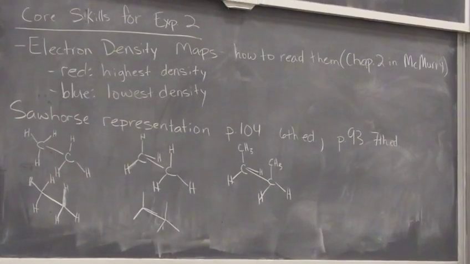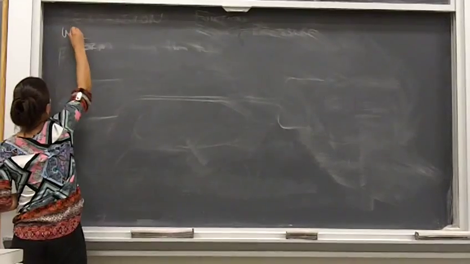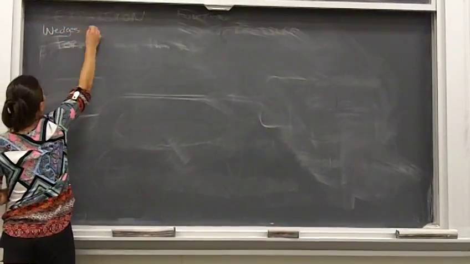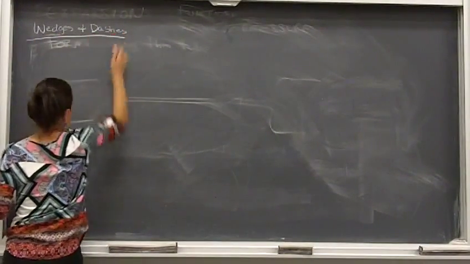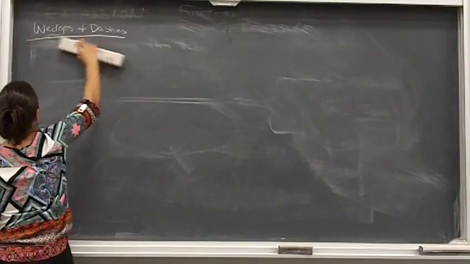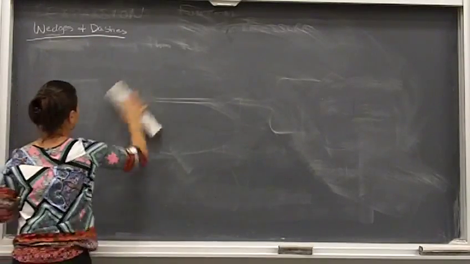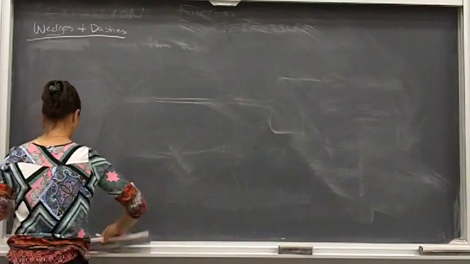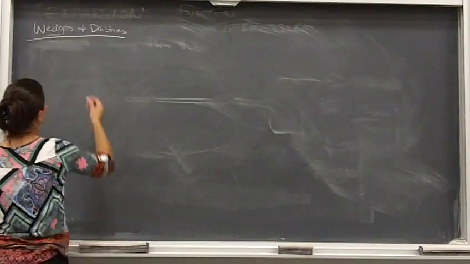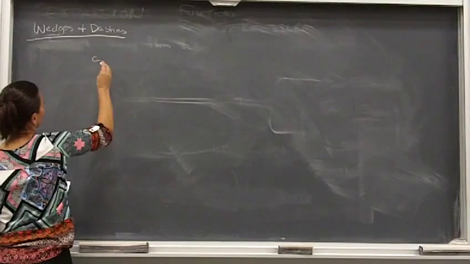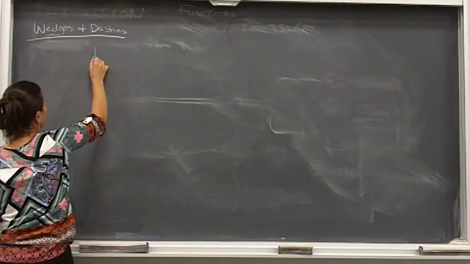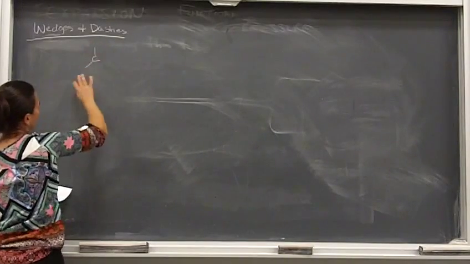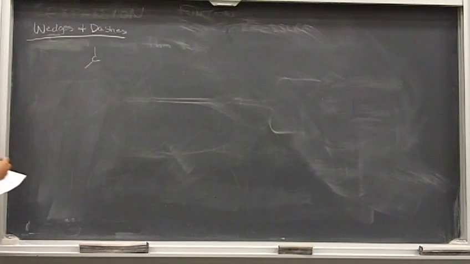Another technique we can use for drawing is looking at wedges and dashes. And so when we're drawing, like say we're drawing methane in the plane of the board, two of the bonds would lie right in the plane, but we can't put all four, it's not a flat molecule, okay?